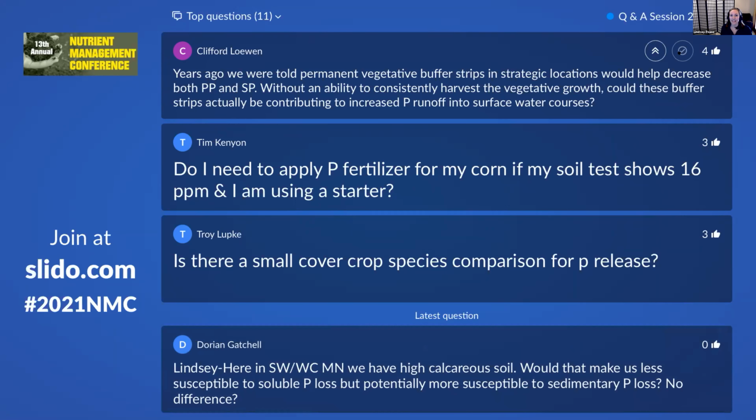But I think harvesting the vegetation is important once it gets saturated and once it picks up the runoff. So I think it's going to be a bit of a mixed bag, like what Nathan was seeing with the cover crops, in terms of how effective it's going to be.